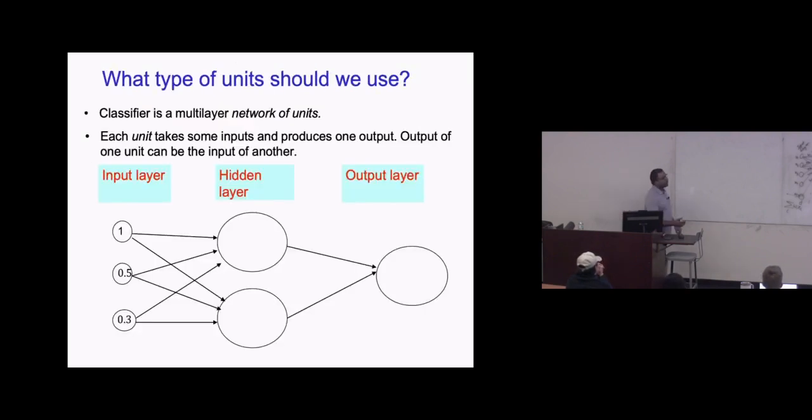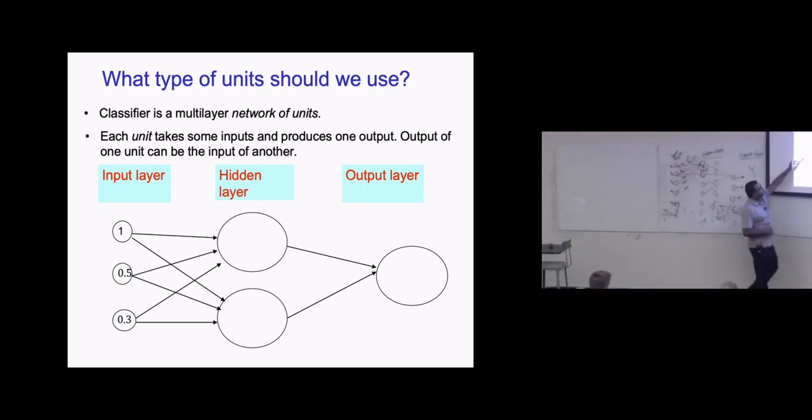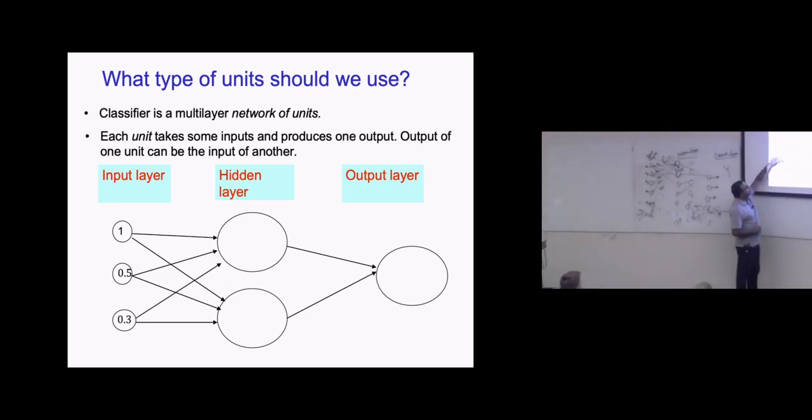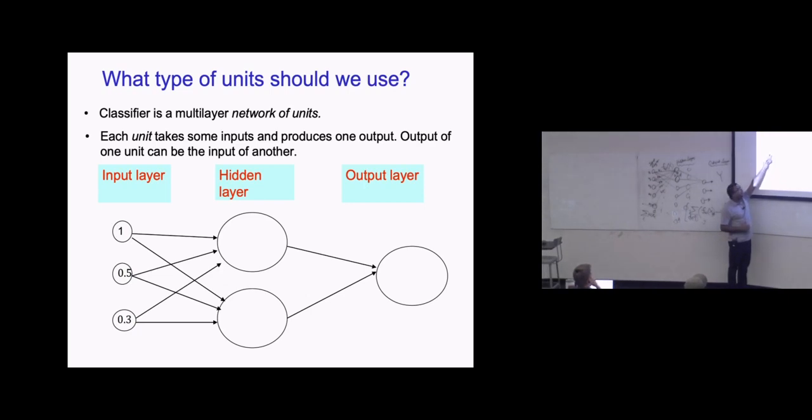So we have already talked about this, but let's take a very simple example. Think about two different inputs. You see a 1 here. Just consider it as a bias term. Remember those Wx plus b, right?